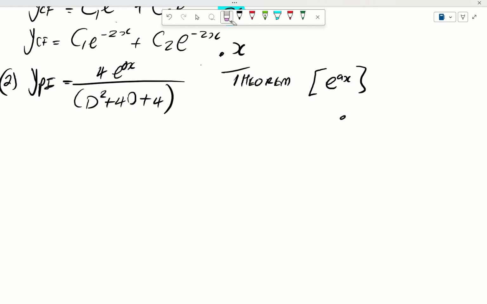That's why I'm using e to the power ax. Because if we say a e to the power ax, then we know that D will be equal to a, which is equal to 0. The value of a is always equal to D. Hence that's why I'm using this theorem for e to the power ax. That's your theorem 1.1, the first theorem in your study guide.